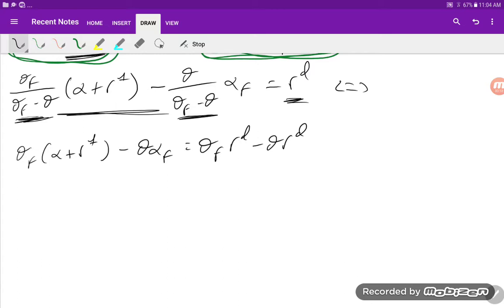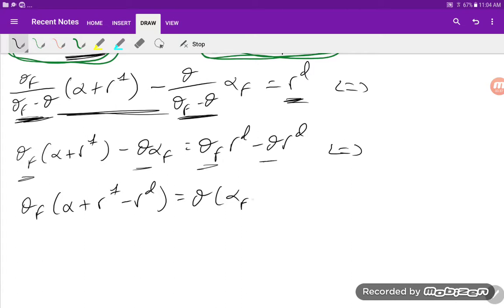Now I'll move things around to collect the sigma and sigma f terms. In doing that, we get that sigma subscript f times alpha plus rf minus rd is equal to sigma times alpha subscript f minus rd.